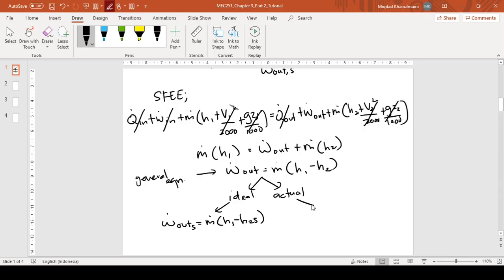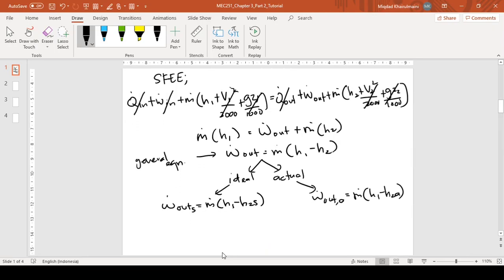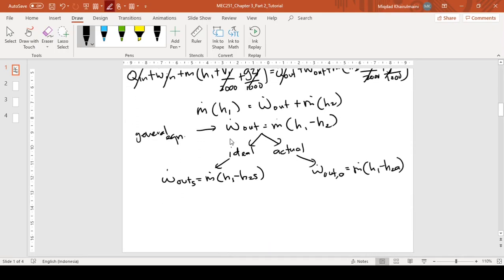For the actual condition, work out actual equals m dot (h1 minus h2a). So if we were to write it back in terms of isentropic efficiency, we can write it back.